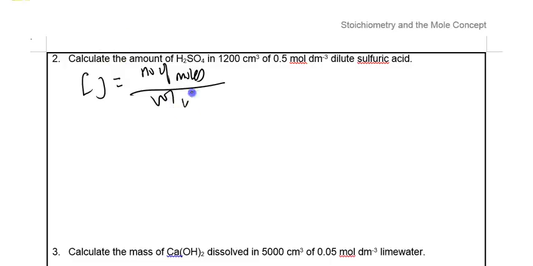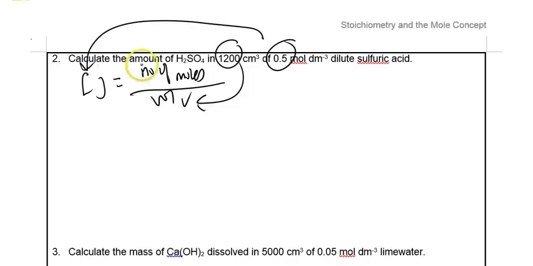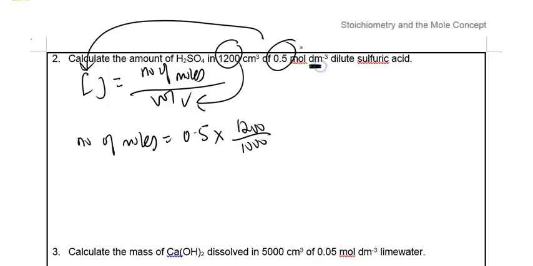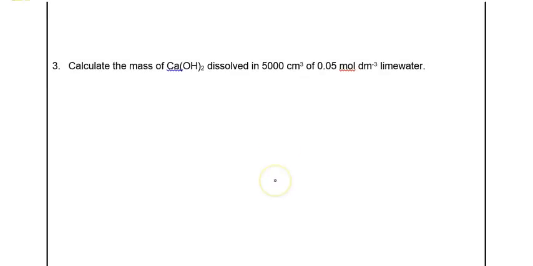So if I have the volume here and I have the concentration here, number of moles is simply concentration multiplied by the volume in dm³, because this is in dm³, so I must convert this into dm³ by dividing by 1000, and I will get a value of 0.600 moles.